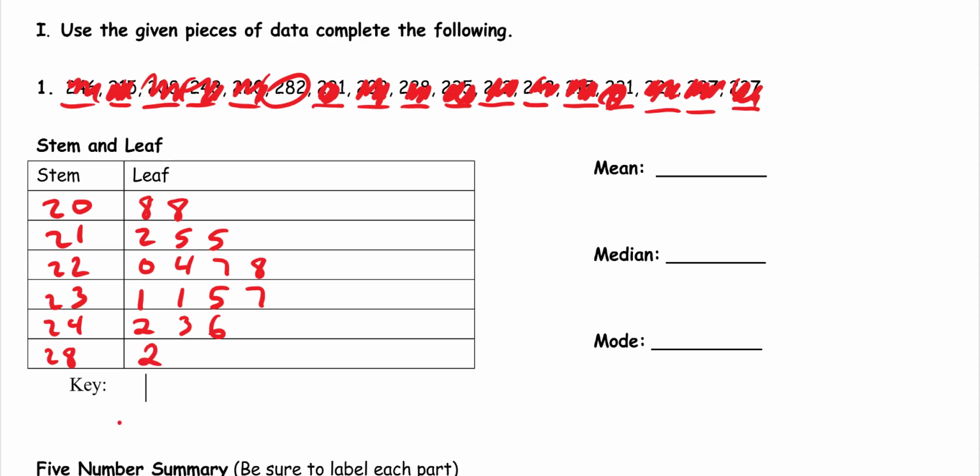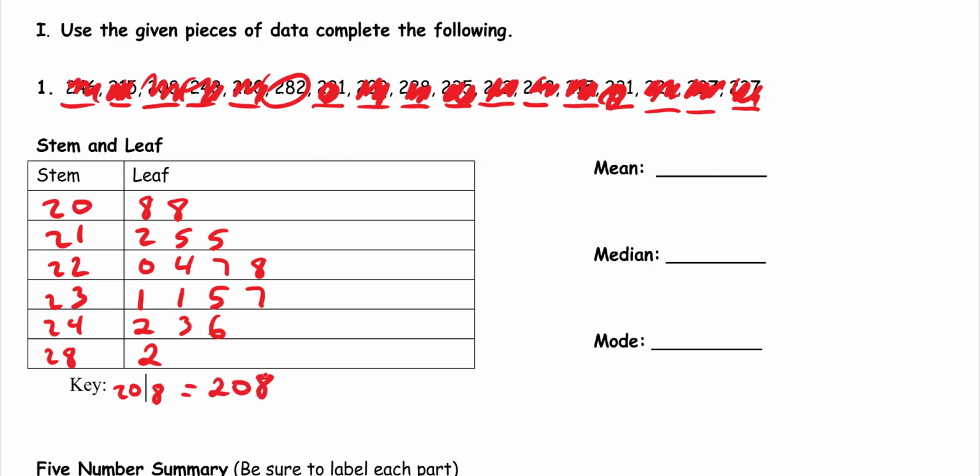Where I wrote the key down here, I will not have that for you. You have to write your own key. You're going to make your own stem and leaf plot, very simple, and then you have to give me a key. If you don't give me a key, I take 1 point off, and you don't want that. That's terrible. So the key would be 20 with 8 is 208.